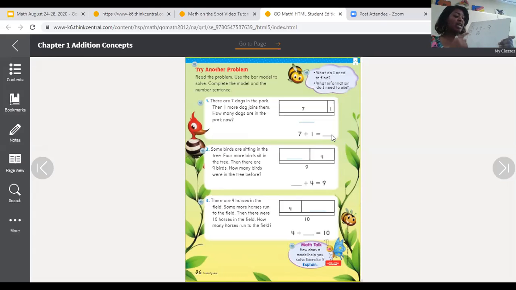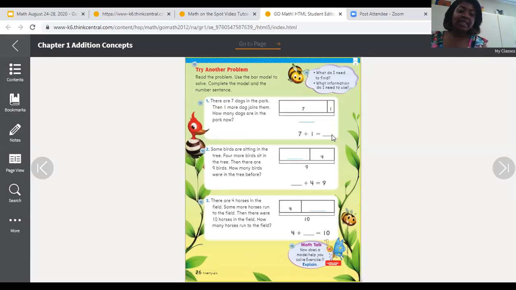Let me make sure that I have 9 circles. 1, 2, 3, 4, 5, 6, 7, 8, 9. Wow, I have 9 circles and I have the number 9. So it means that it is equal, that is correct. So I just checked my work. So that means that there were 5 birds sitting in that tree before the other 4 came along.